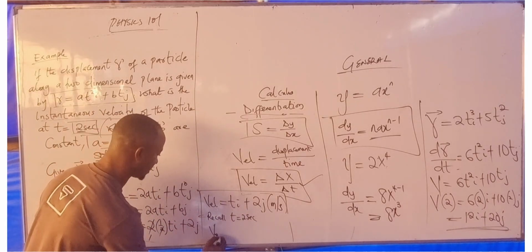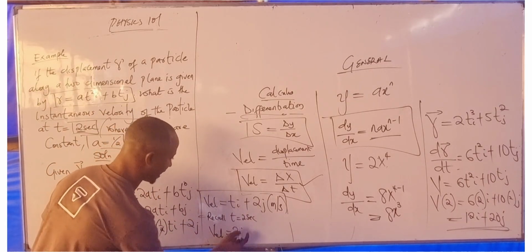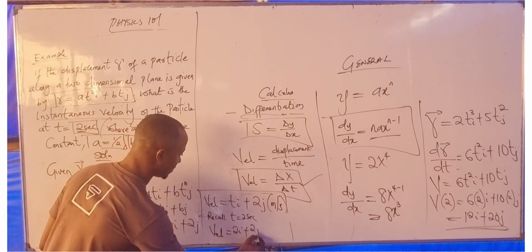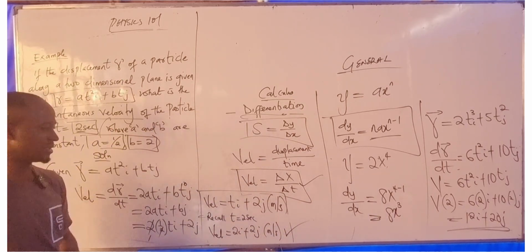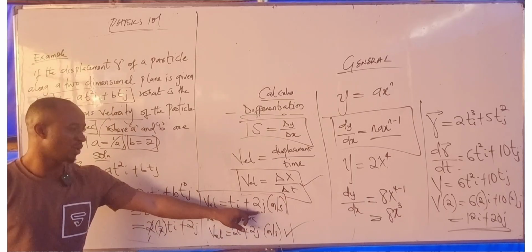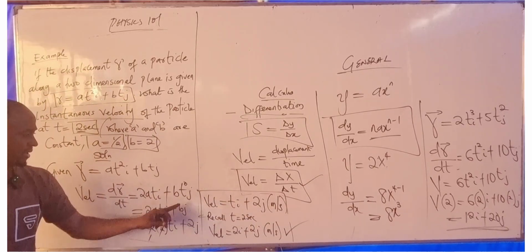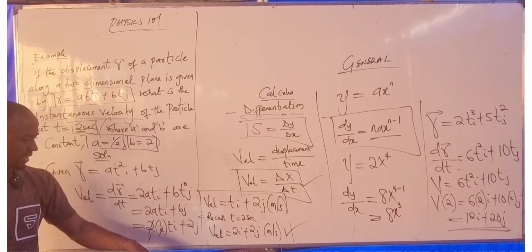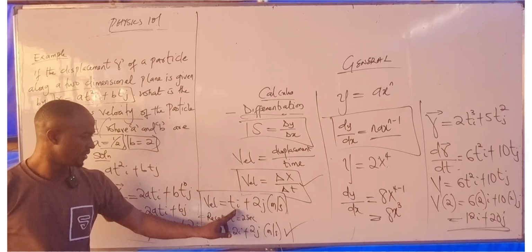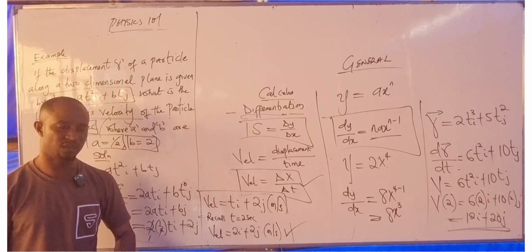Now my velocity will be 2i plus 2j, all in meter per second. We don't have time in the second term because t raised to power 0 is 1. So that gives us 2i plus 2j in meter per second.